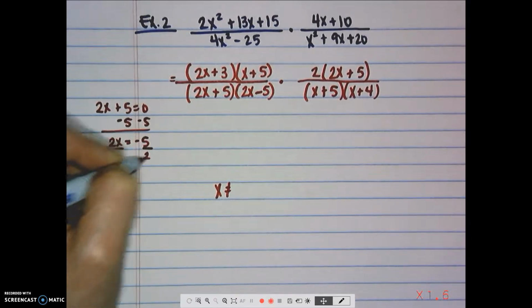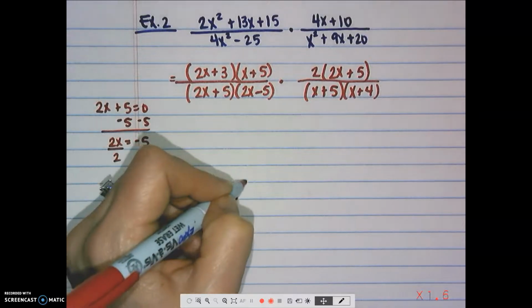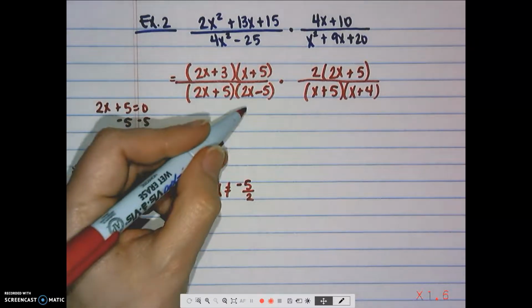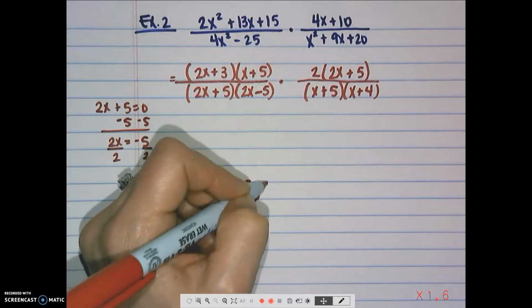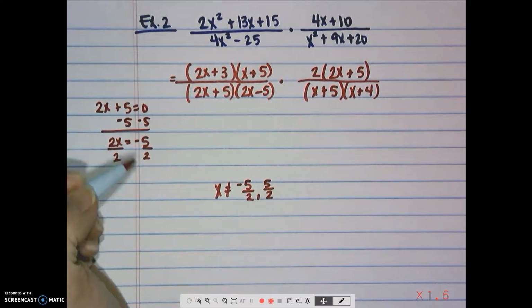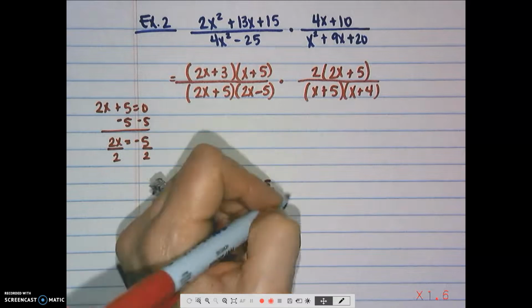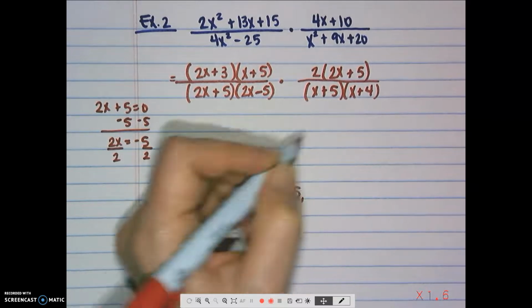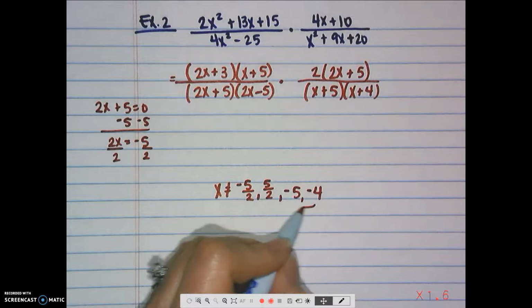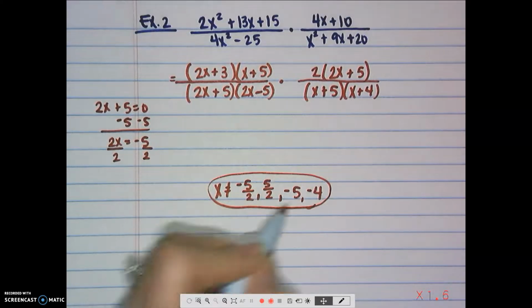And then we would divide by 2 to get x can't equal negative 5 halves. If we have 2x minus 5, then we would add the 5 and divide by 2. So x can't equal positive 5 halves. Here with x plus 5, x can't equal negative 5, and x plus 4, x can't equal negative 4. So those are our 4 restrictions that we have for this question.